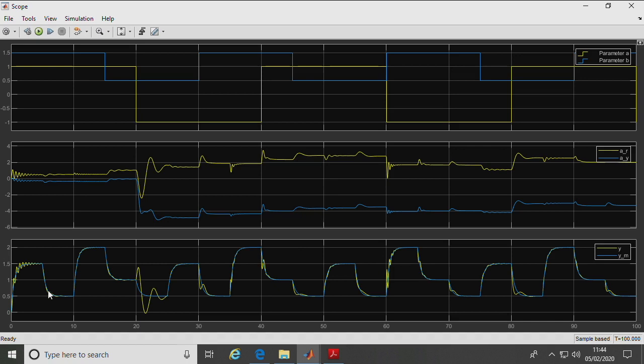The tracking behavior here: the blue is the demand, our AYM, and the yellow is our plant output. Obviously, it's not always ideal, but one could see convergence over time towards error zero. Yeah? That's the kind of problem. Obviously, you can't expect that convergence is in finite time. There is no finite time convergence.